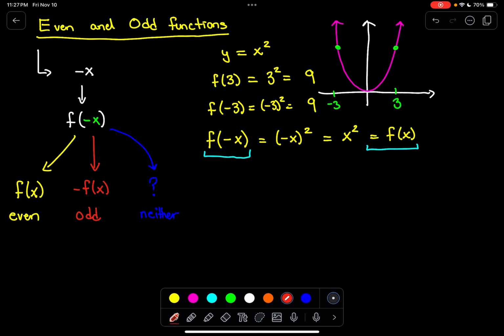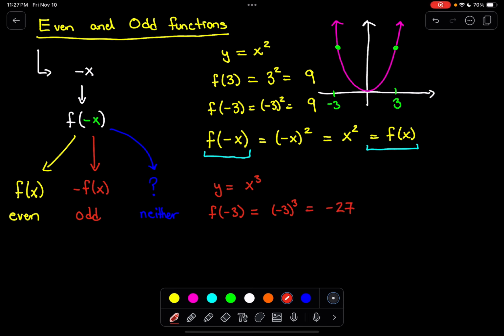So an example of an odd function might be y is equal to x cubed. And so again, let's put in negative 3, because that's really how we test. This all revolves around what happens when we put in negative x. If I plug in negative 3, I'm going to get negative 3 cubed, which is equal to negative 27.